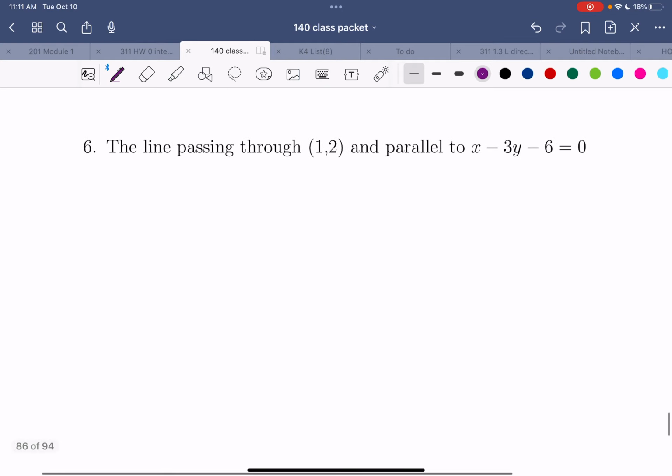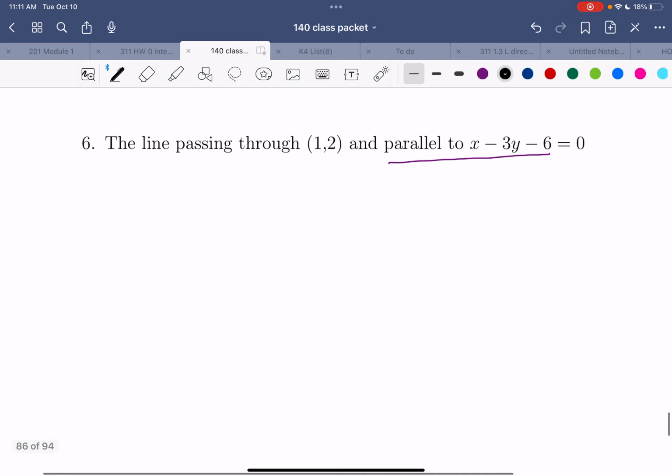All right, our last two are the parallel and the perpendicular. So when we're parallel to some line, that's telling us what the slope's going to be. So let's take that and solve that for y. So x minus 3y minus 6 equals 0. Subtract the x.